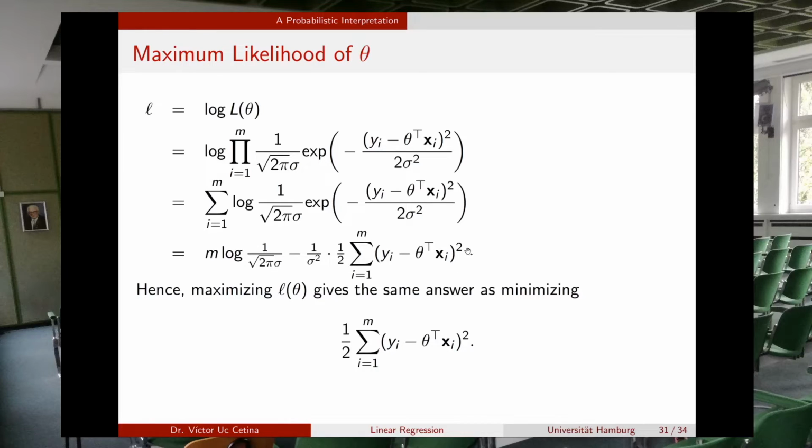But maximizing this expression gives you the same theta vector as if you minimize this, which is the one that we minimized initially. And this is a proof that shows you why this selection of the cost function is a good idea. So it is a probabilistic interpretation of this J function, this cost function.